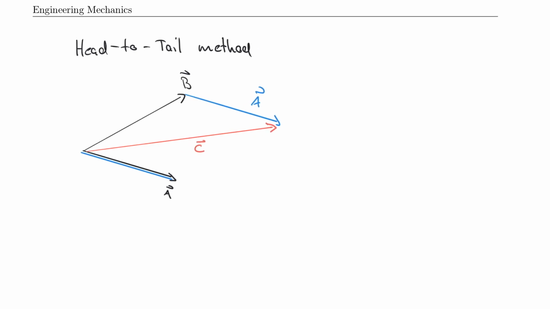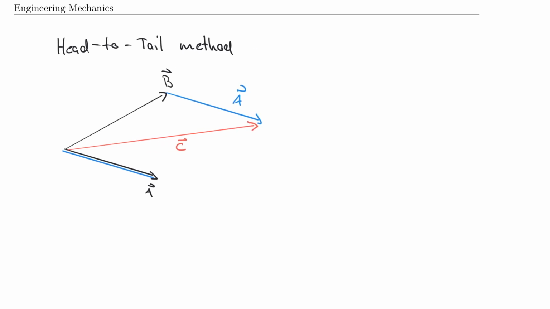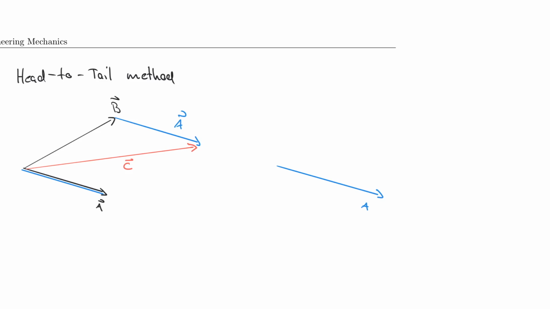In fact, you may want to also know that you can do it the other way around. So for example, you could have the blue vector somewhere down here, which was called vector A. And then you can actually attach vector B to it. So let me get that parallel, and let me move that so that it will fit.